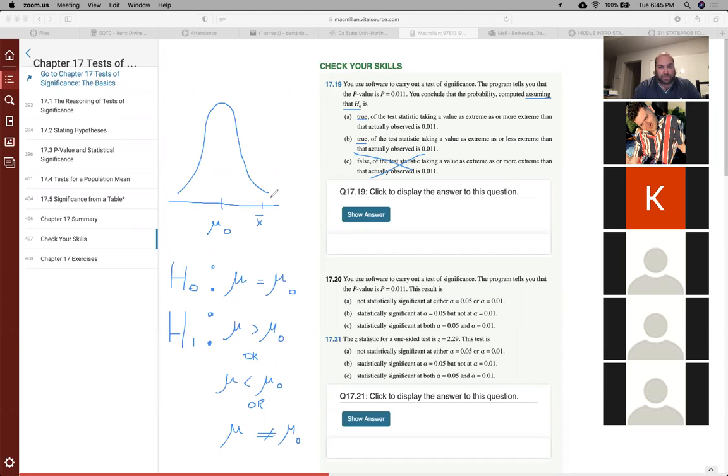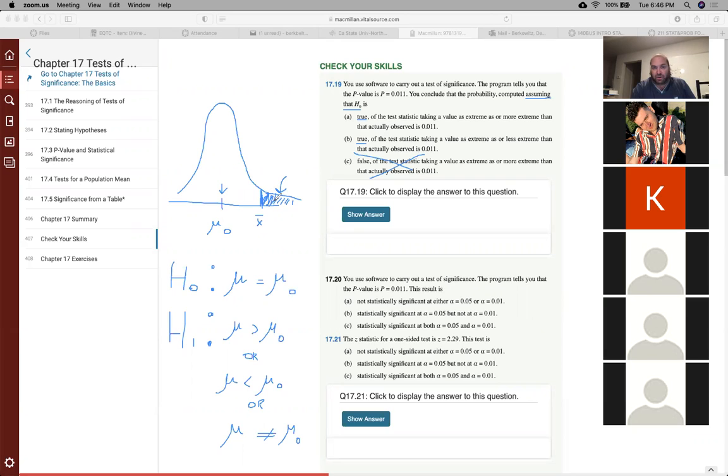Does that make sense so far? The p-value is the probability of getting what you got or something even further away from the mean. Something even further away from the assumed value. If it's a one-sided test, it's just the probability of being in there. If it's a two-sided test, then there's another way that I can be further away from the center value than my actual value.